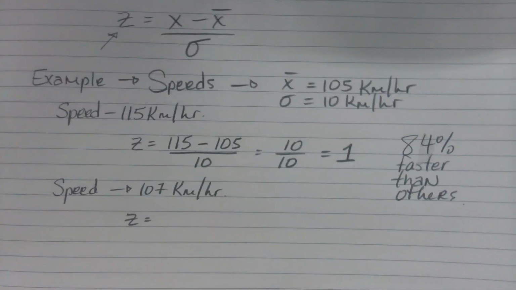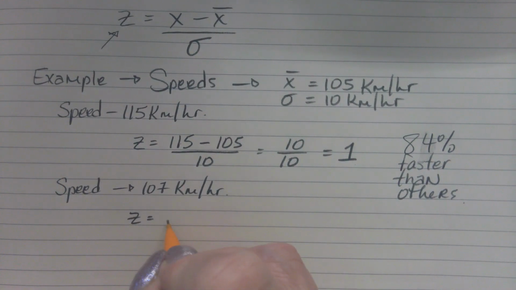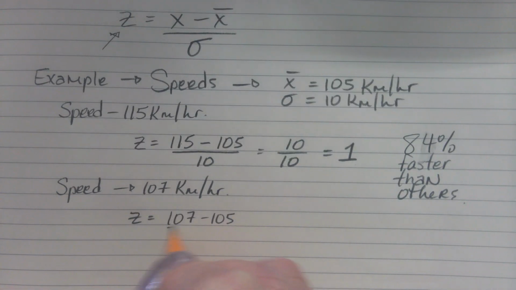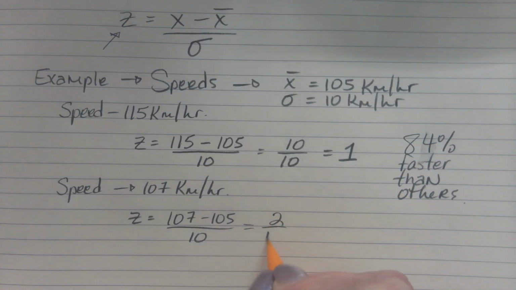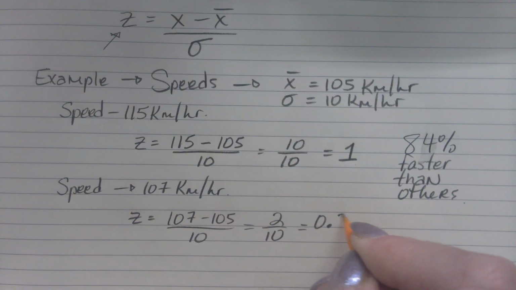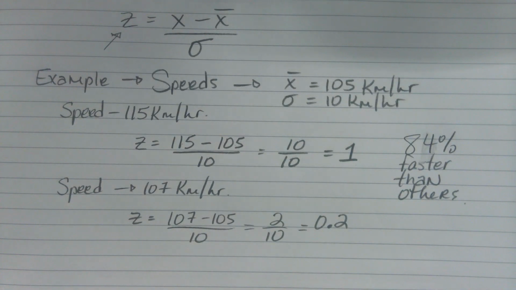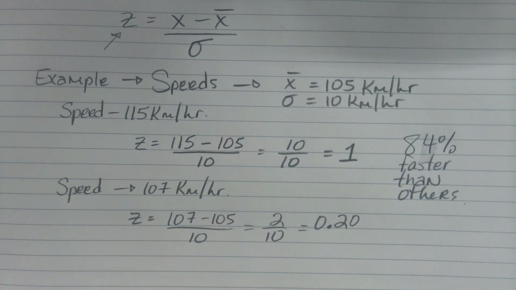But I decreased my speed down to 107. So let's go 107 minus 105, divided by 10, gives me 2 divided by 10, which is 0.2. I'm going to put a 0 on it, so 0.20, and there's a reason for that: we're going to look it up in the chart.